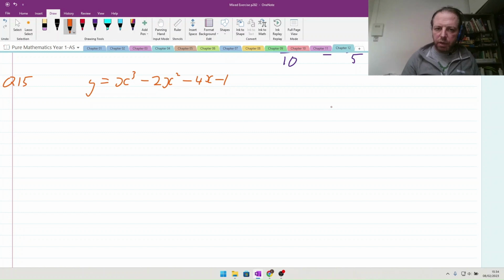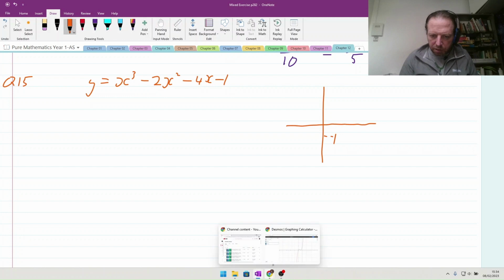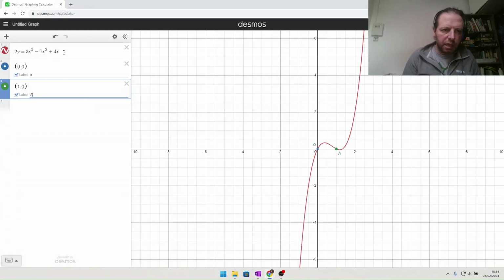Okay, so again, we have some sort of curve here, and it cuts through at minus 1. Okay, let's have a look at it through Desmos again, just to get an idea.